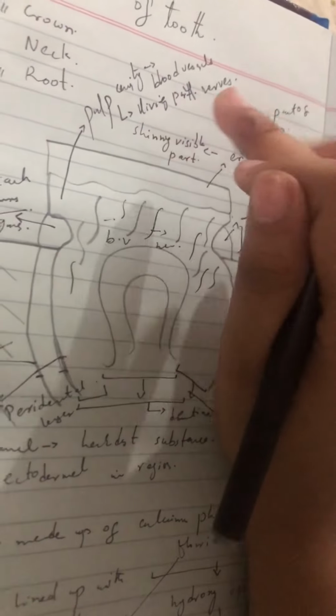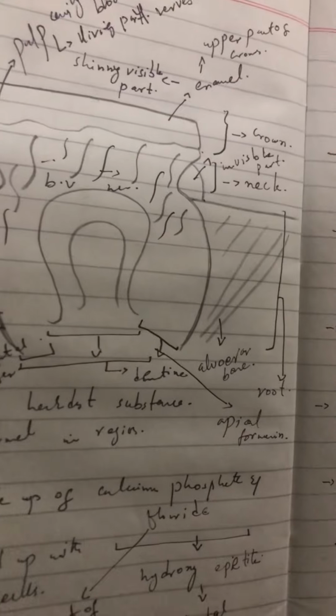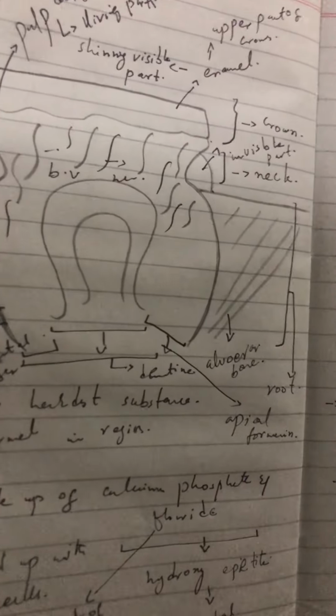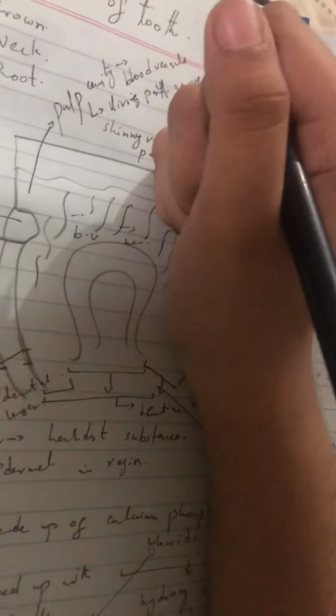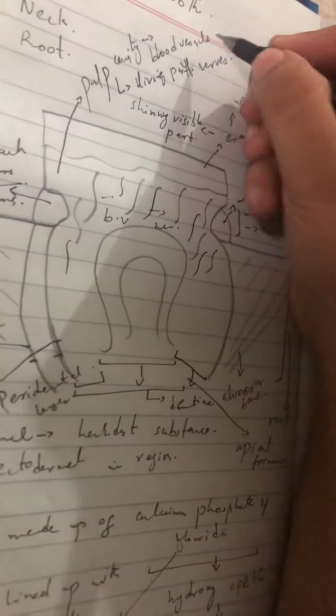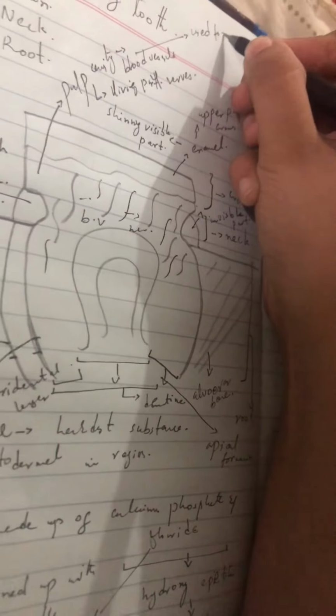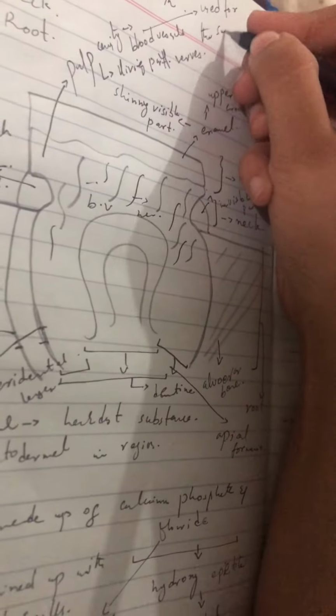Why is it a living part? Because it contains the blood vessels and the nerves, so it is called the living part. Blood vessels are used for the supply of oxygenated blood.